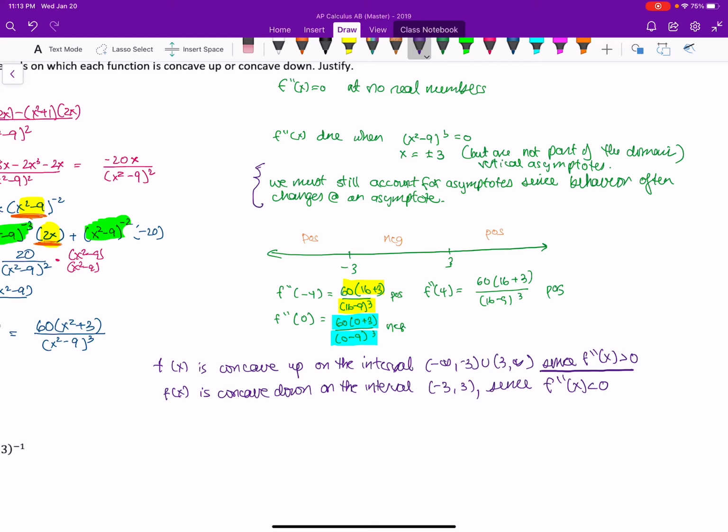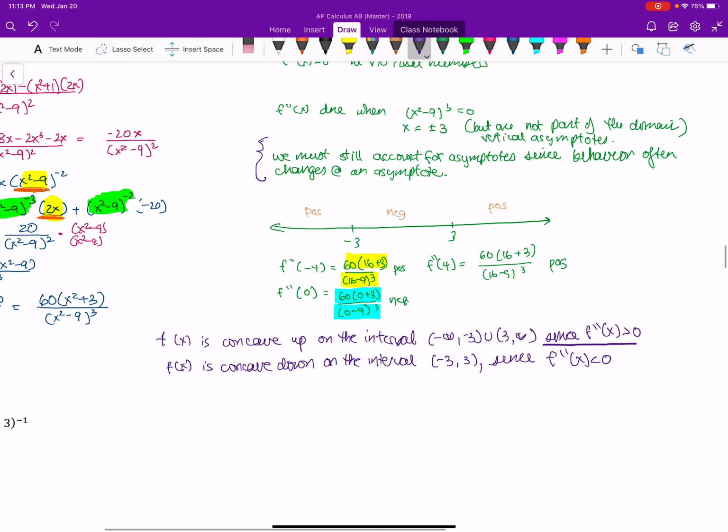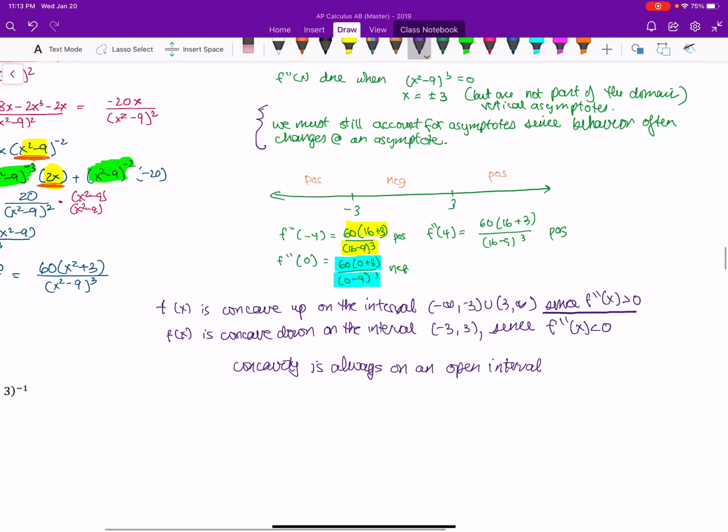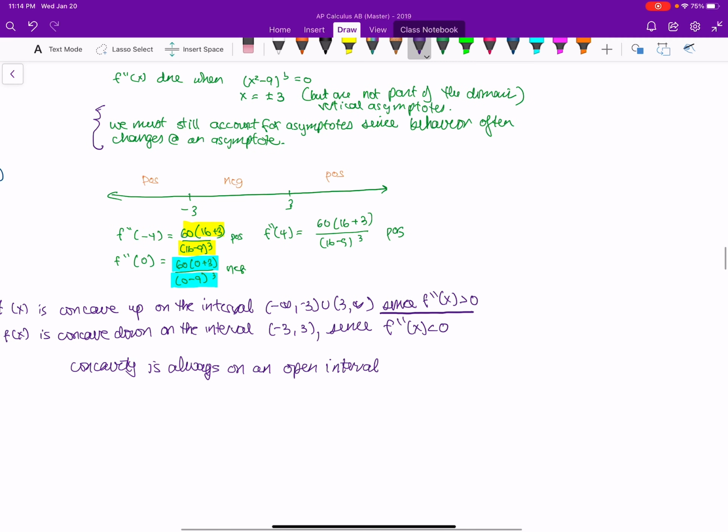And the one thing I just want to point out is concavity is always on an open interval. You can never have it at an endpoint. Before, when we did increasing and decreasing sets, we're comparing 2 points. Concavity technically is comparing 3 points.